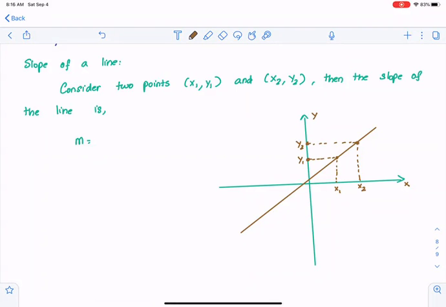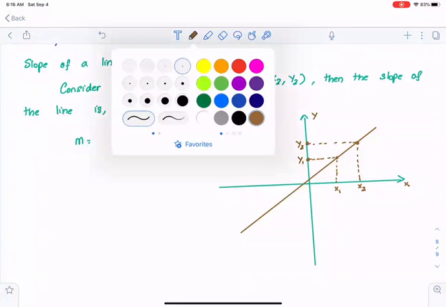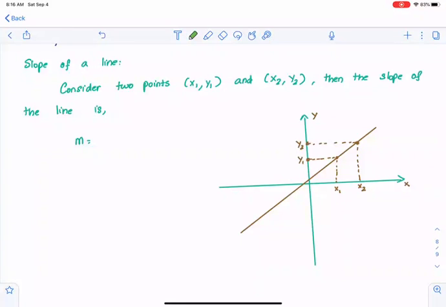So the way we come up with the slope is to find those 2 lengths. Now, this is what you might have learned earlier in school as rise over run. We're just going to formalize it using x1, y1 and x2, y2.